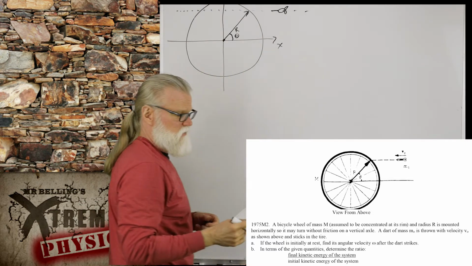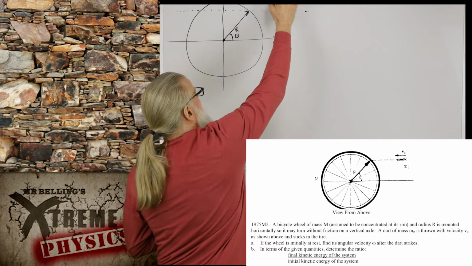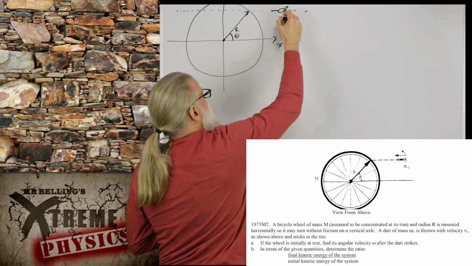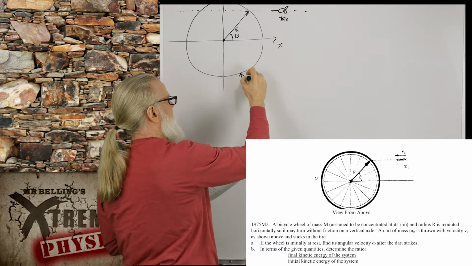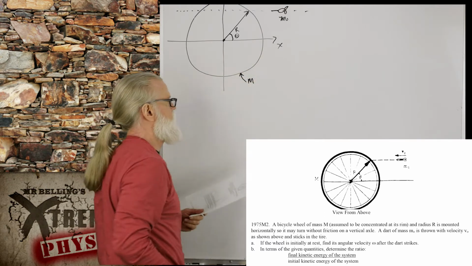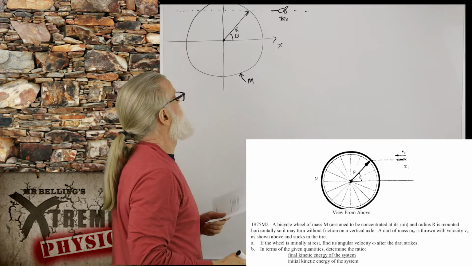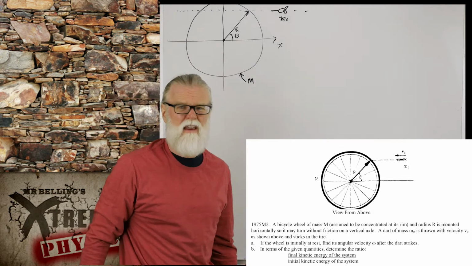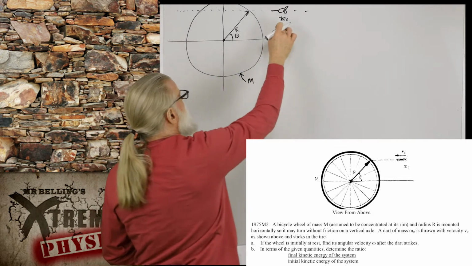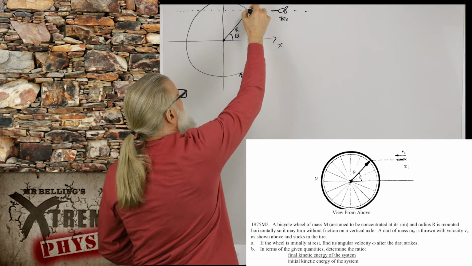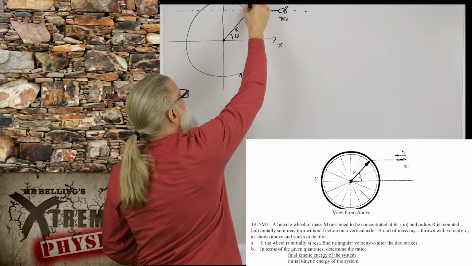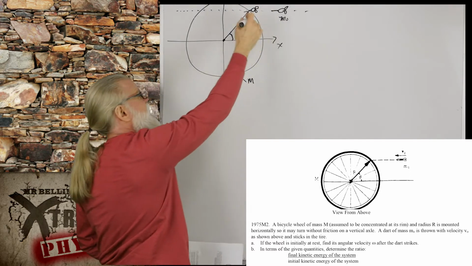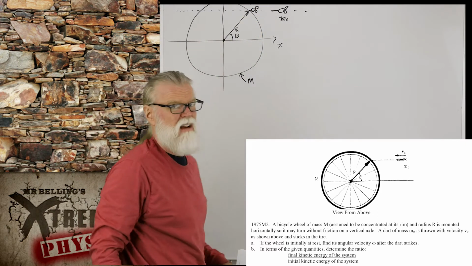This has an initial velocity v0 and a mass m0, and the wheel has a mass of capital M. We want to know how fast the wheel is rotating afterwards. So this is time 0, and then afterwards it's going to stick in like that. This would be time 1, and it's going to cause this thing to rotate like that.